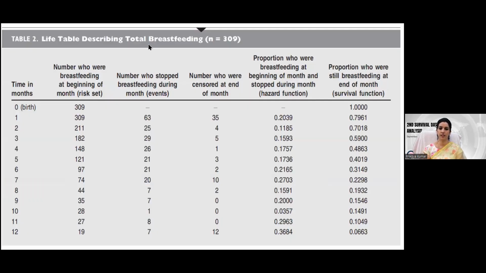And if you see this life table, how they have presented the result, they have taken like 1 month interval, not year. So they have taken 0, that is birth, 1, 2, 3, 4, 5 till 12. Then there is one column which describes the number who were breastfeeding at the beginning of the month, which is also known as the risk set. And these are the individuals.